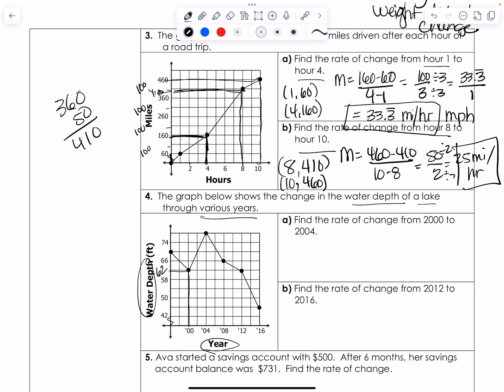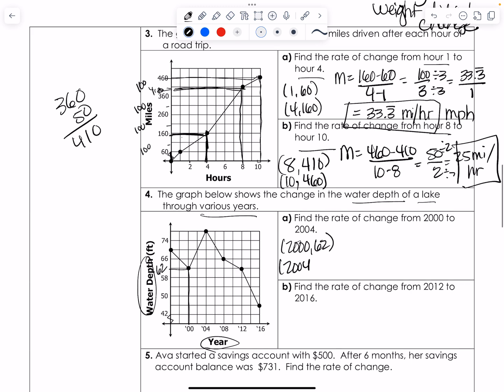So in 2000, 62. In 2004, here's my 2004. We've got to find the halfway between. The halfway between on this one is going to be 78.